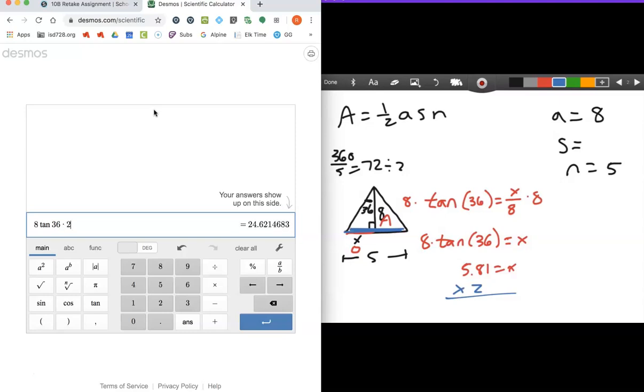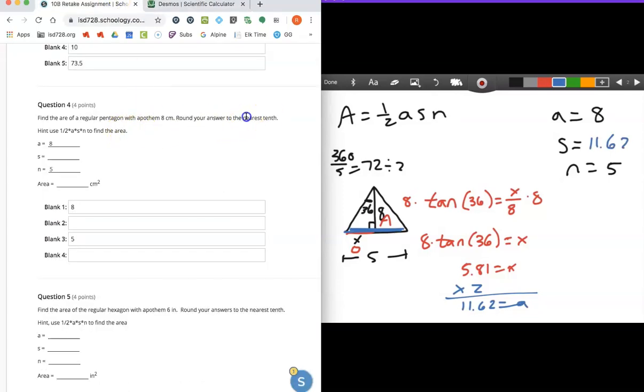So that's not right. Let's see, parentheses again, and then times 2. We have 11.62 for what our side length is. They wanted us to do nearest 10th, so I would put 11.6 right here. And then we're ready to go to the formula.